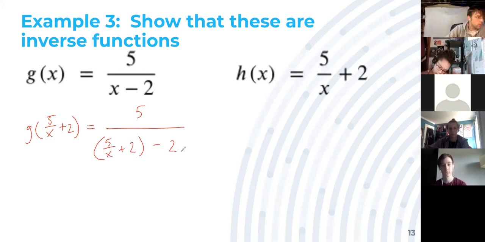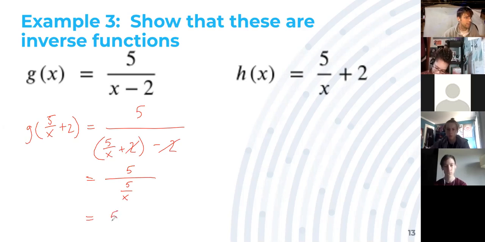Here we have the plus 2 and the minus 2 canceling, because there's nothing I can do inside those parentheses right now. So we end up with 5 over x. So I'm doing 5 divided by this fraction. Instead of dividing by a fraction, remember I can always multiply by its reciprocal.